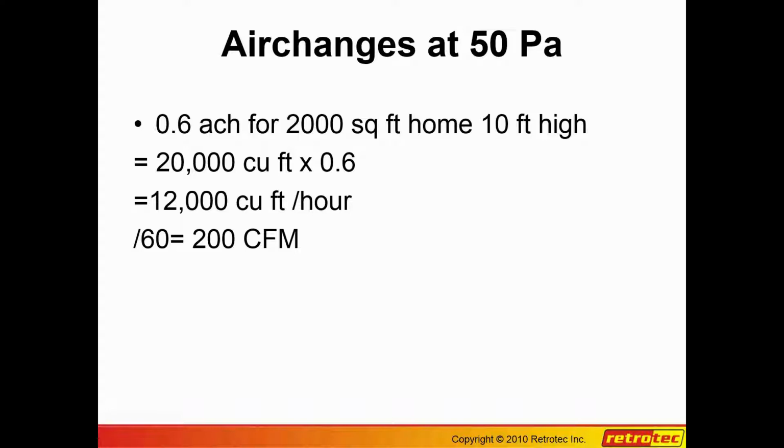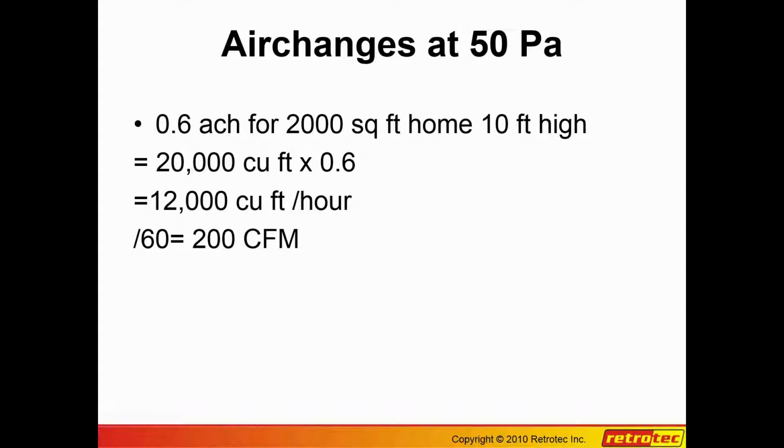So for this particular house, what we're looking for is a flow rate of 200 cubic feet per minute at 50 pascals, and we are going to be testing in both directions here to get more accurate results, which really has very little to do with how much air will flow in and out of the home under natural conditions, which we will touch on.